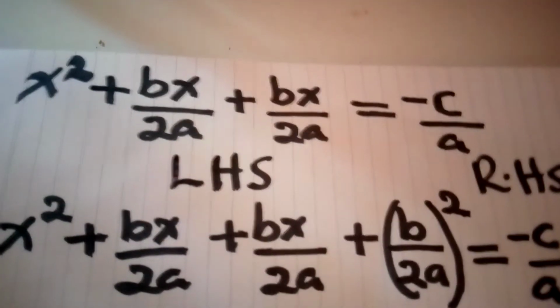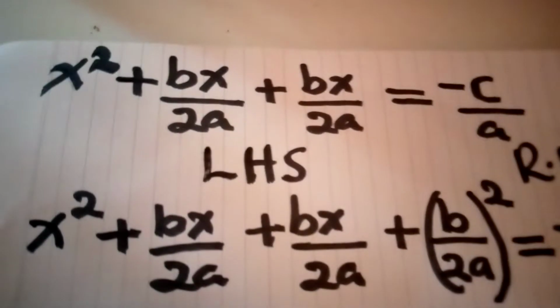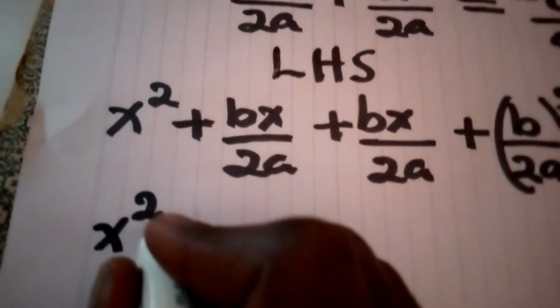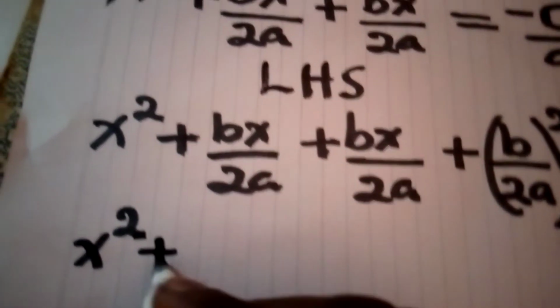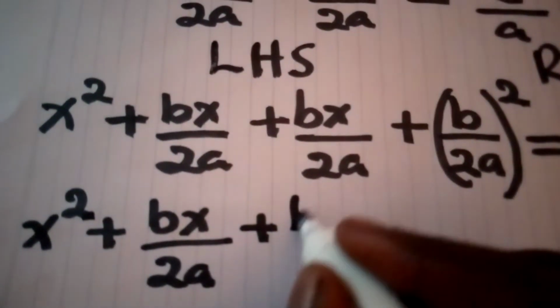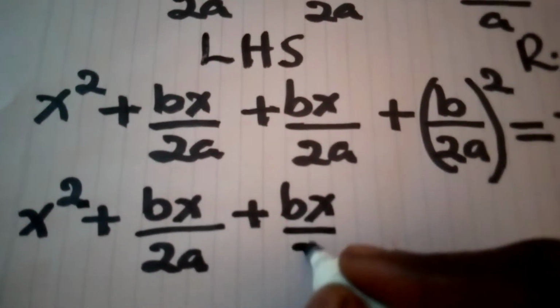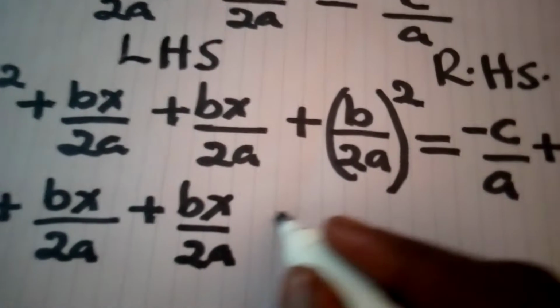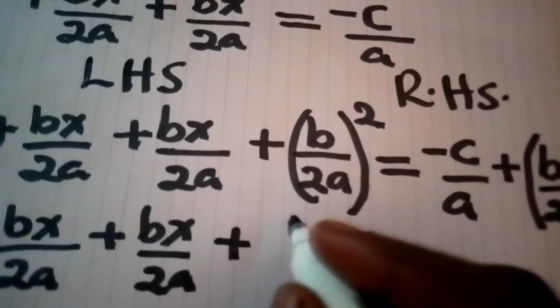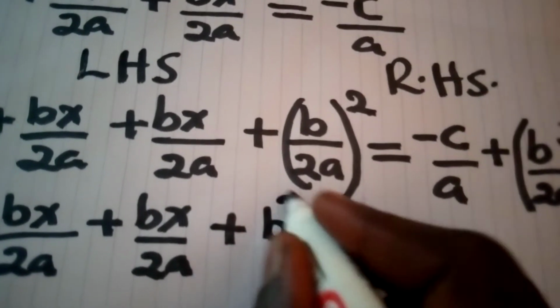Let us simplify further. We shall have x squared plus bx all over 2a, then plus bx all over 2a, then plus, now the square of this one will give us b squared.